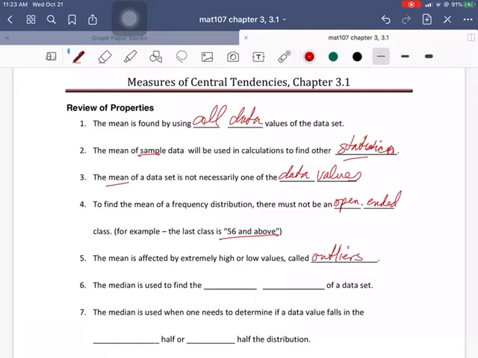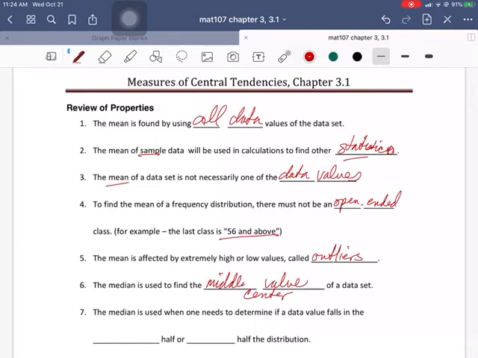The median is used to find the middle value of the data set. You could also say center.